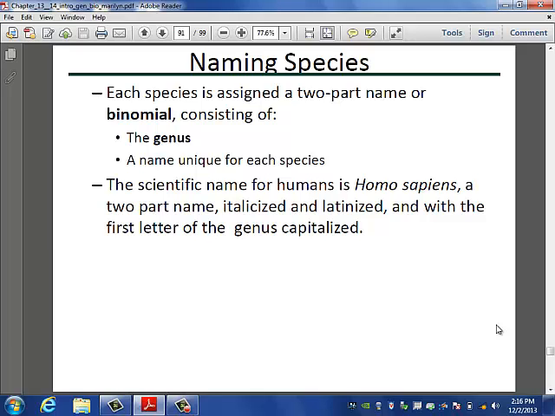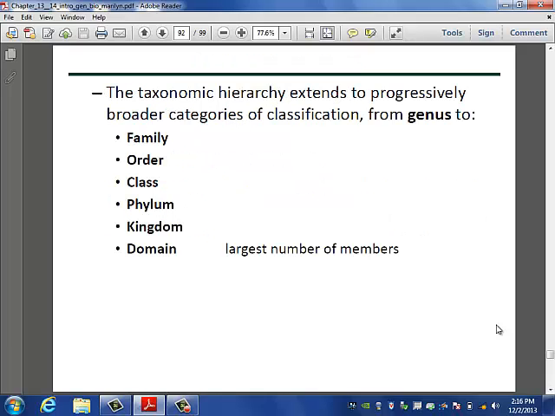Two-part name, italicized, Latinized, and with the first letter of the genus capitalized. So that's how we write it. So this is the broader picture and the hierarchy. Again, Linnaeus figured this out. That probably won't change, the naming scheme, but the organisms that are in them might change.